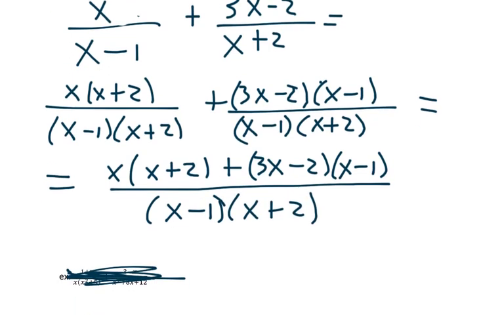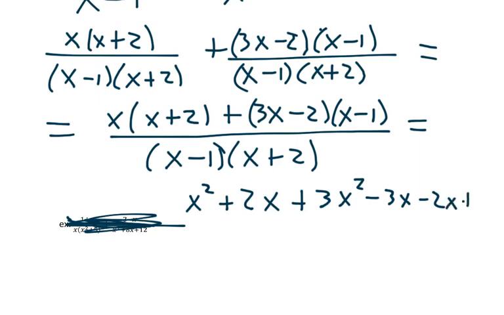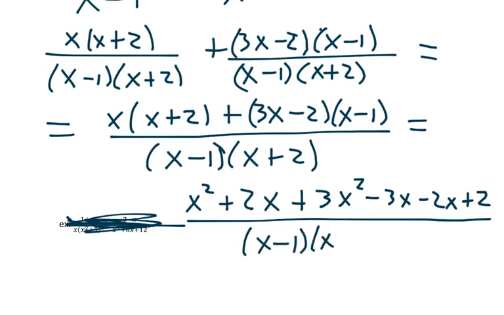Now we have to combine the numerator, so let's do that. Distributing the first product, we get x squared plus 2x. And the second one, by FOILing, looks like we get 3x squared minus 3x minus 2x plus 2. And this is all divided by x minus 1 times x plus 2.